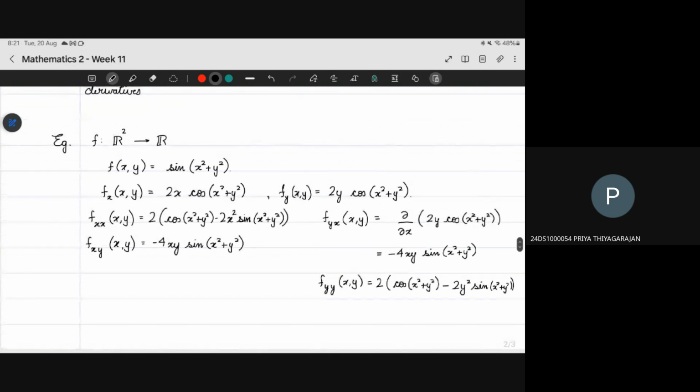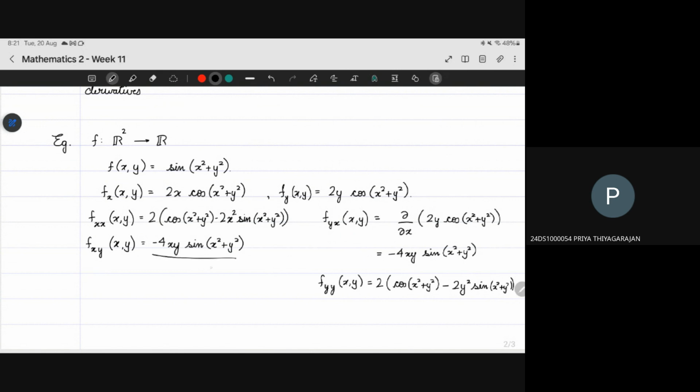So this is how you compute second order partial derivatives. Now what you might have noticed, or if you have not, do it now, is that fxy is the same as fyx, at least in this case.